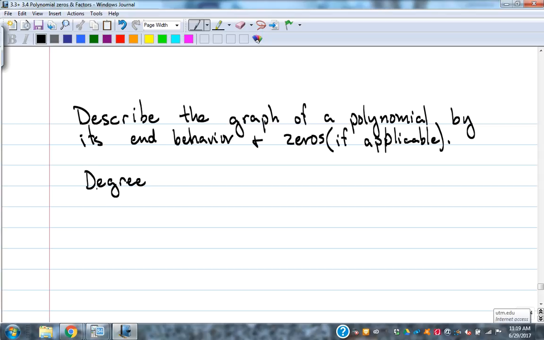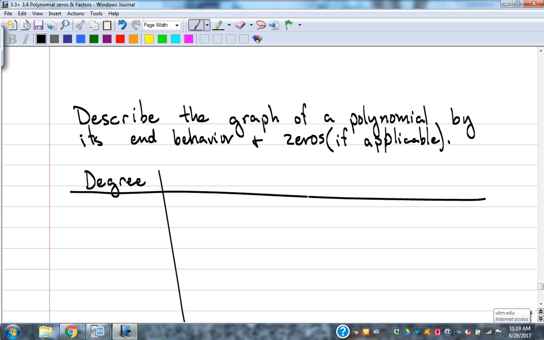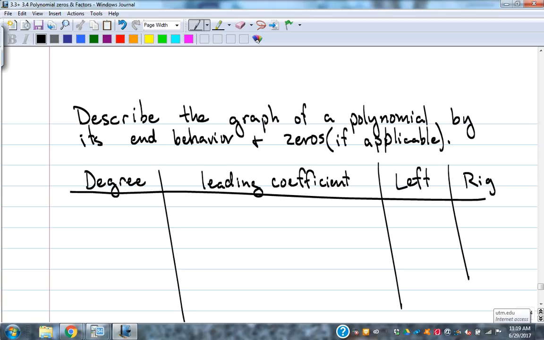I'm going to make a little table here. Degree, leading coefficient, and then left, right. I'm just making a little chart here. If the degree is odd, what does that mean?